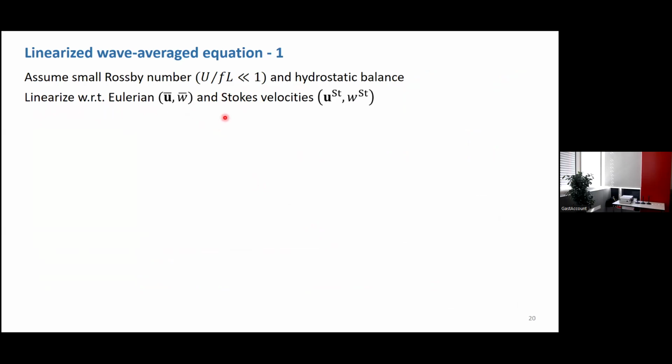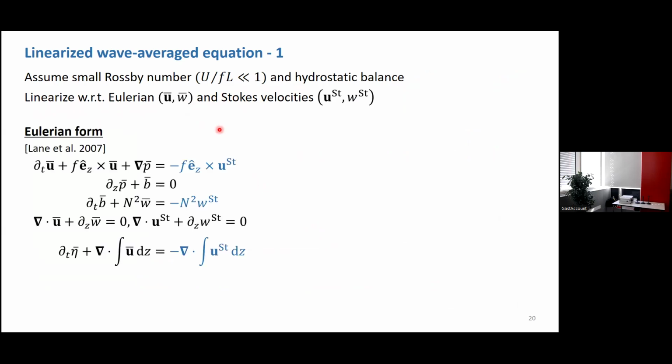So we drop the nonlinear terms and also the vortex force term. So we get this set of equations. Well, there is a buoyancy parameter. In our simulation, we didn't have any stratification, but I also included the buoyancy here.